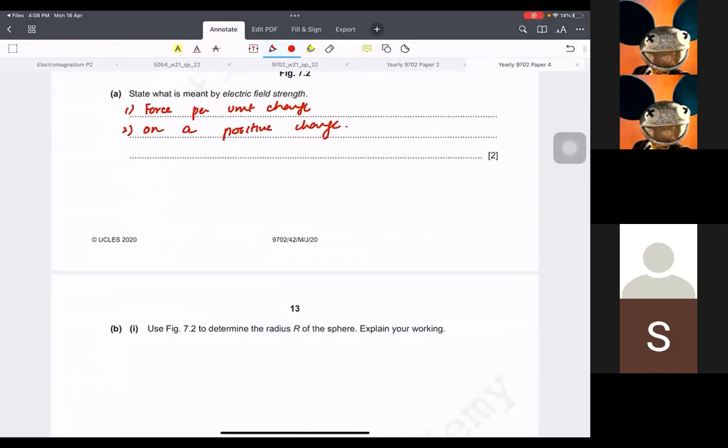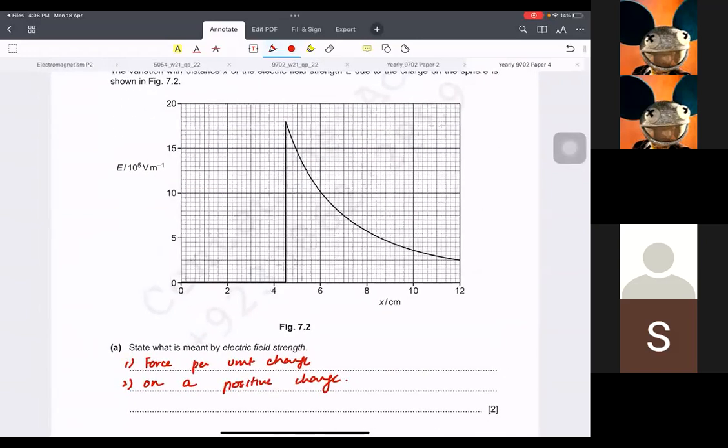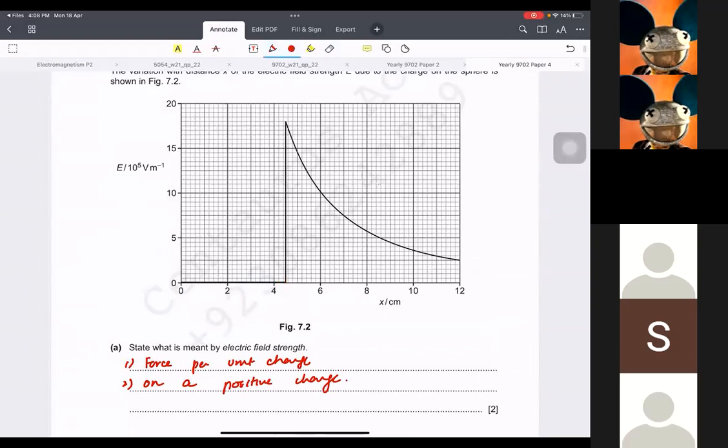Then determine the radius of the sphere, explain your working. So the radius of the sphere would be right here. I think it is 4.5. Okay, yeah, 4.5. That is correct. My bad.